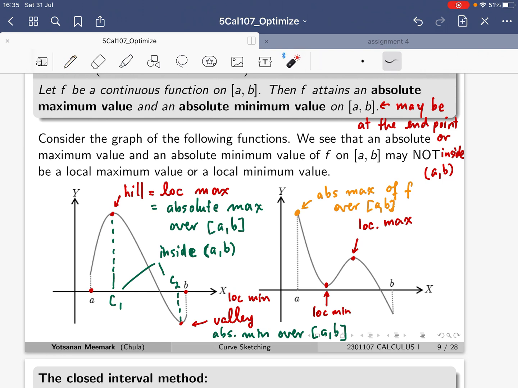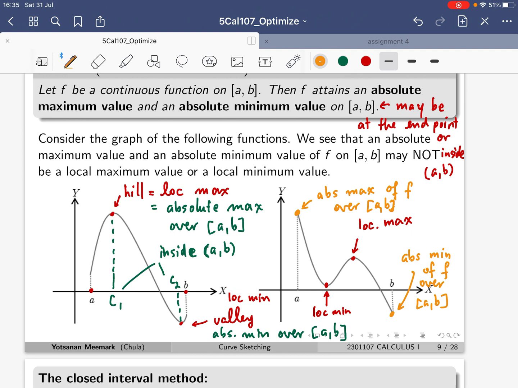And on the other hand, do we have some other part that's lower than this local min? Of course, right there. So here is the absolute minimum of the function f over the interval from a to b.